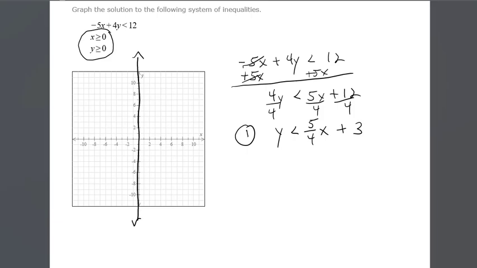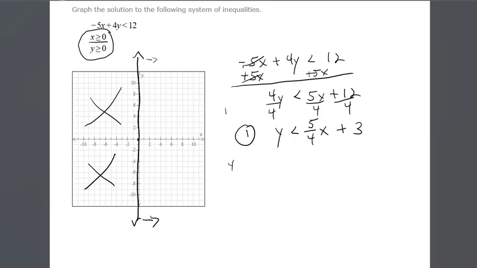Now, the values that are greater than would be to the right, because if we look at 0 for our x, the values on our x-axis get larger as I move to the right. So what this did was it eliminated these two quadrants from our answer. So our answer has to be within these two quadrants.